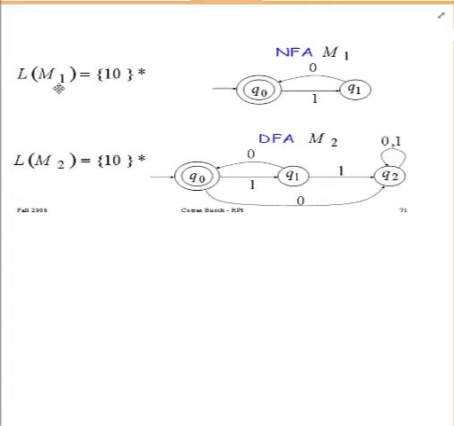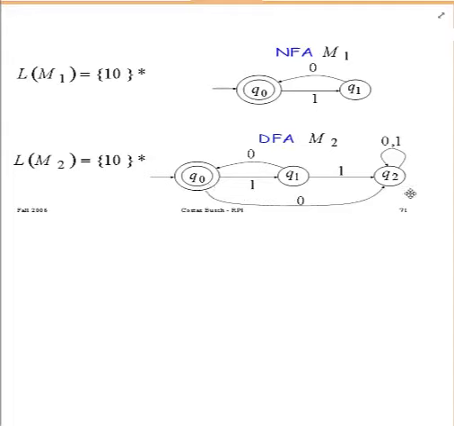Or you see this example where machine 1 has a language which accepts 1 0 star, that is a 1 followed by any number of 0s, or none. So this is the acceptance state and the initial state. In the DFA, the same thing can be presented like this: you have 1, go to Q1.